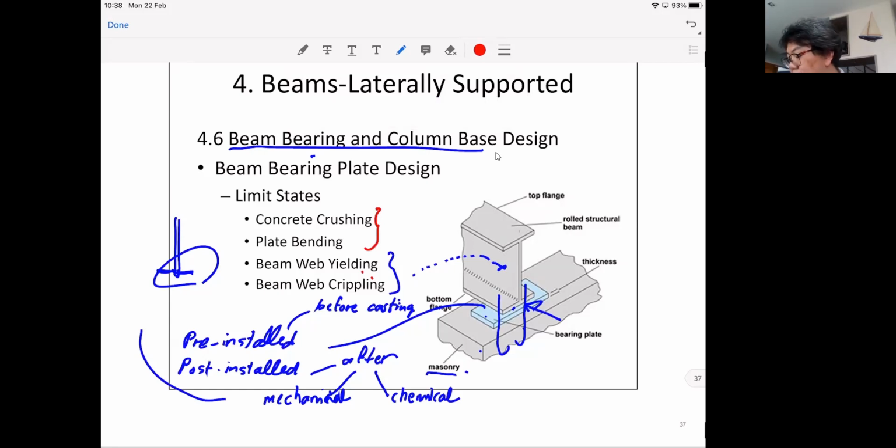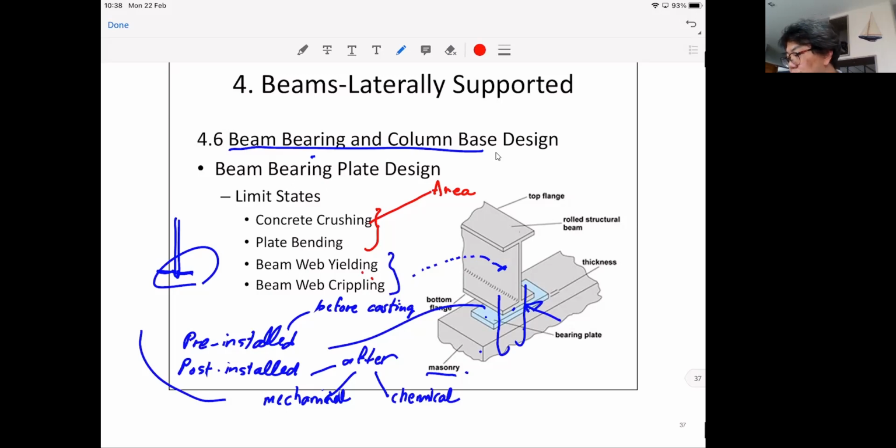And for the concrete crushing, we need to prevent the concrete from crushing. To prevent that, we will find the area of the plate. We need to find an area of the plate big enough so that the concrete has big enough area to handle the pressure and it will not crush.